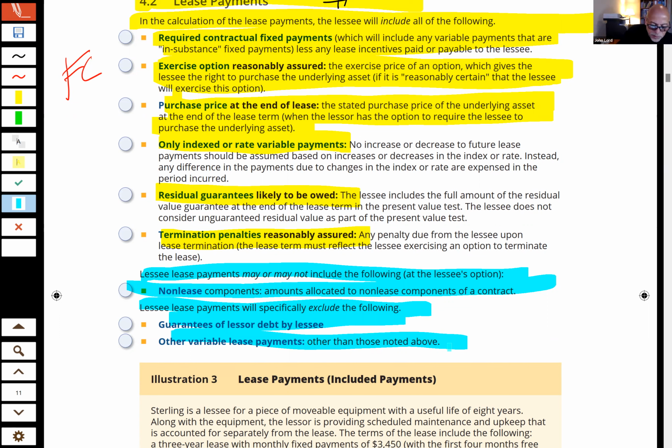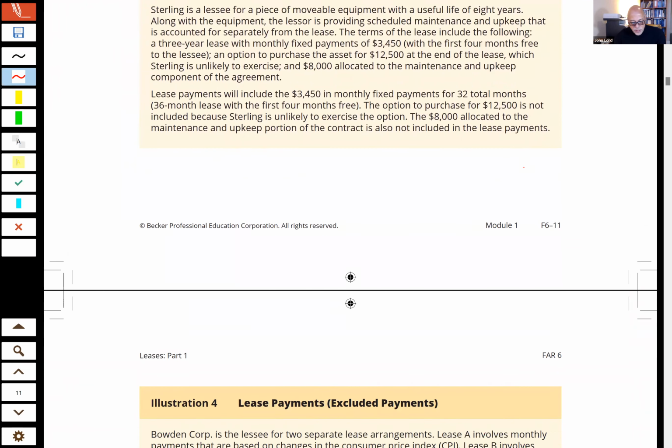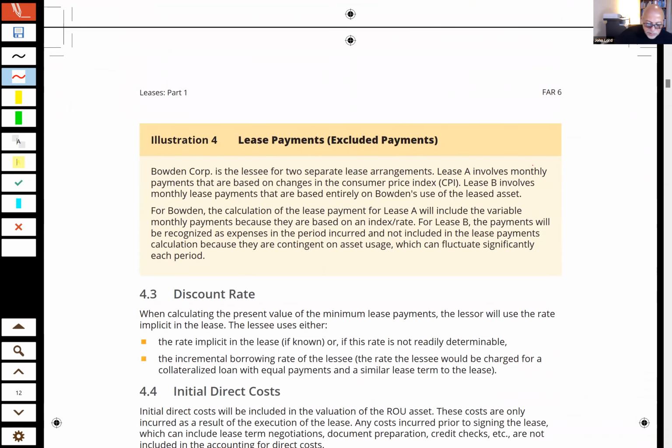Okay, now this index one, guys, I know is a little bit hard to kind of picture. So put down here, see example 4. And we'll come back to example 3, but let's just look at example 4, because I know that's probably the one that's bothering you a little bit. So they tell us that Bowdoin Corp is the lessee for 2 separate lease agreements.